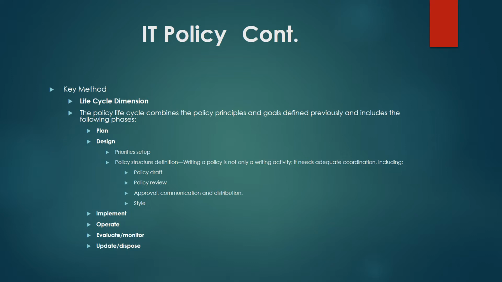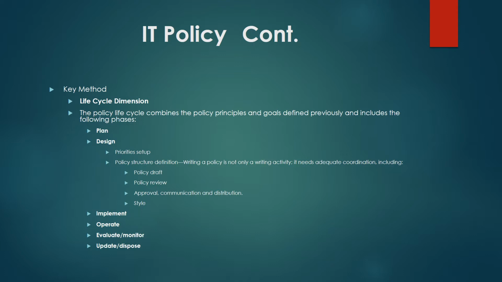In this phase, a logical structure of documentation that will support and clarify policy principles is defined. The optimal amount of documentation depends on the organization's culture and management style. The objective of this activity is to improve clarity of policy principles and support their implementation.